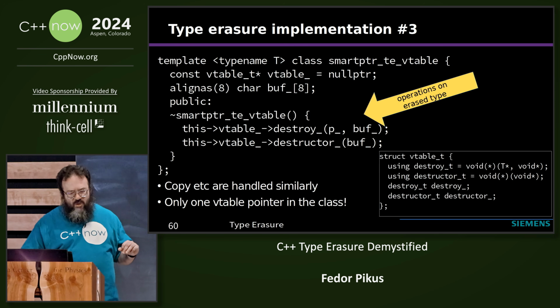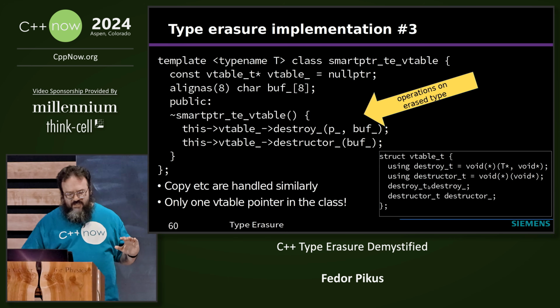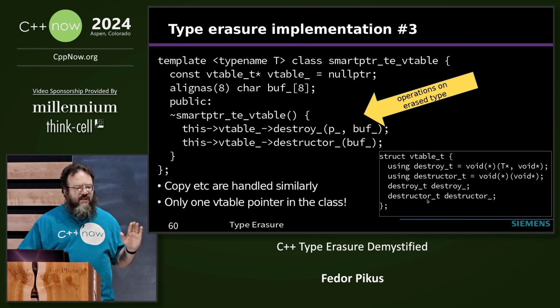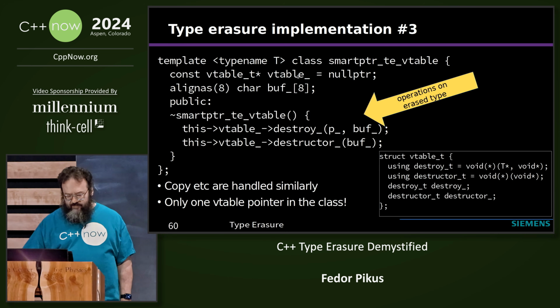This time I have only one pointer in the object. I have a function pointer in this vtable_t, one for every action that I want to perform. But there is only one of these for any particular type, and the compiler generates it, and I don't have to allocate it. In my class, I only have one pointer to this vtable.